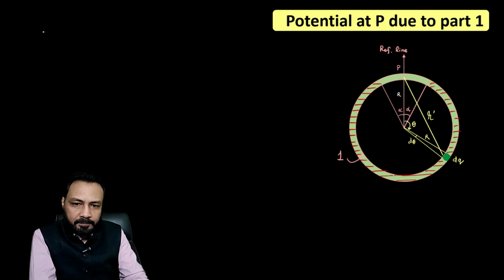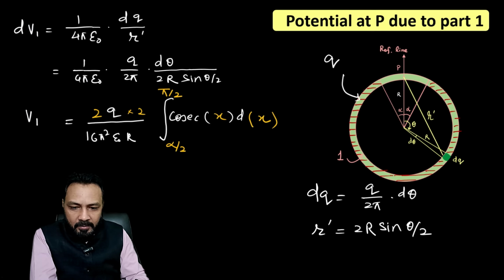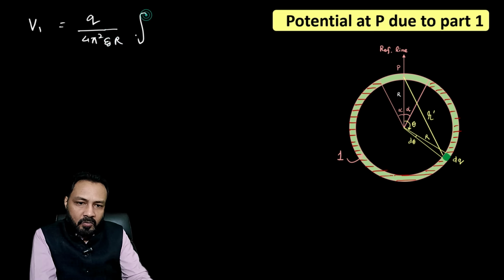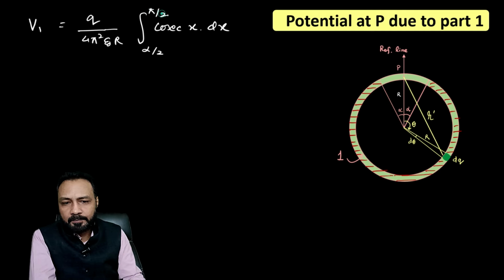So v1, this 4 by 16 will become 1 by 4. So q divided by 4 pi square epsilon naught r, integral of cosec x dx from alpha by 2 to pi by 2.